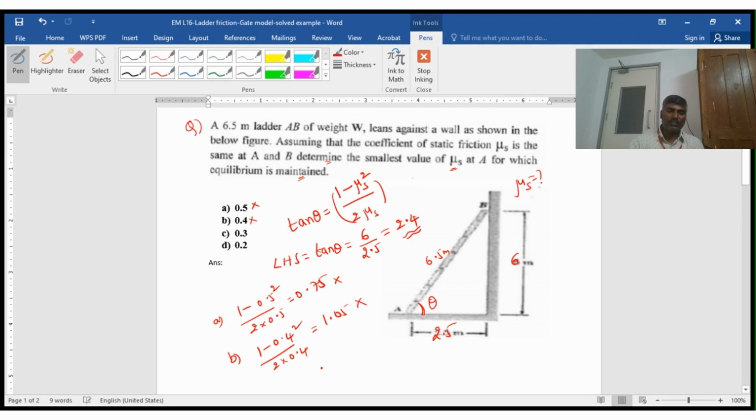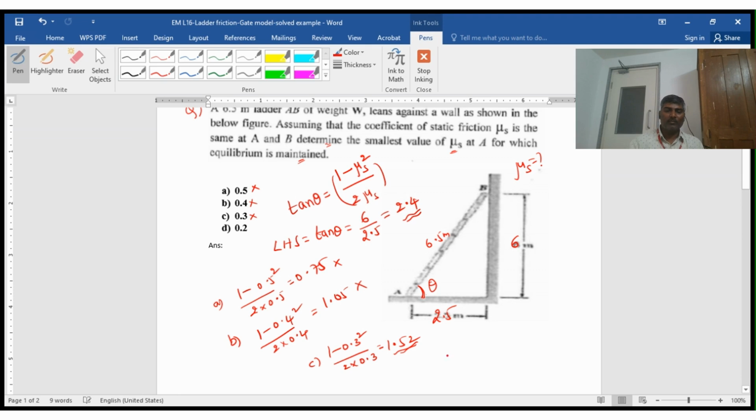Then option C: 1 minus 0.3 square by 2 times 0.3. The value comes out to 1.52, so this is also not matching the left hand side. Now option D: 1 minus 0.2 square by 2 times 0.2. This works out to 2.4, so this is going to be your correct option.